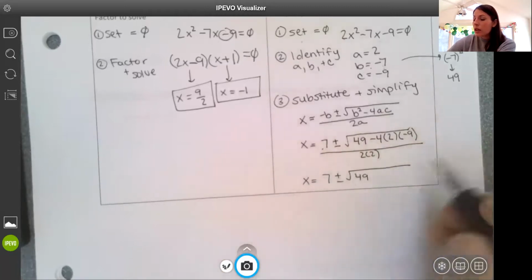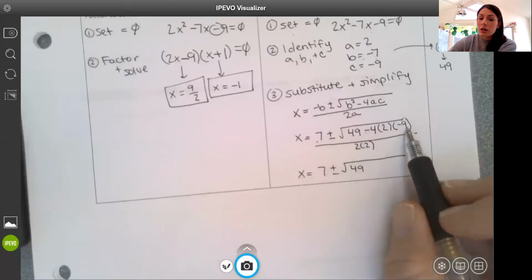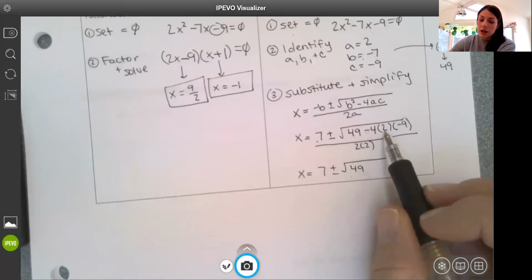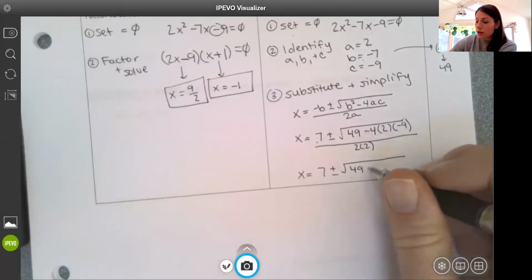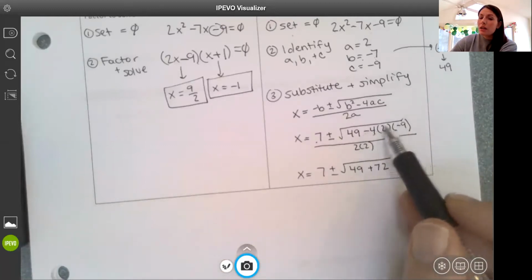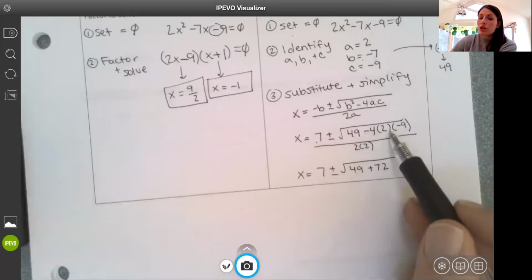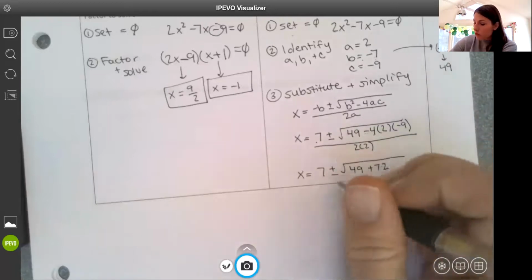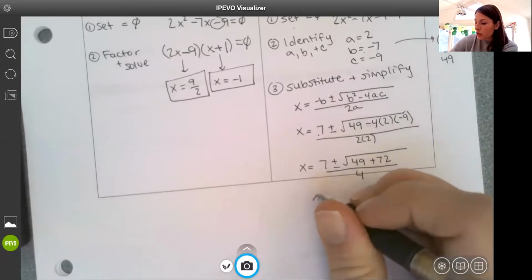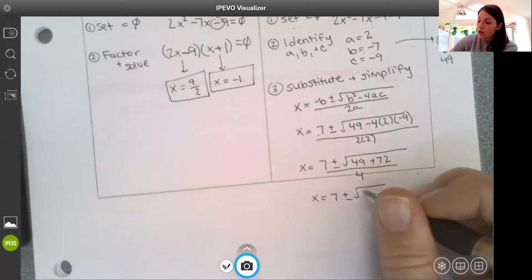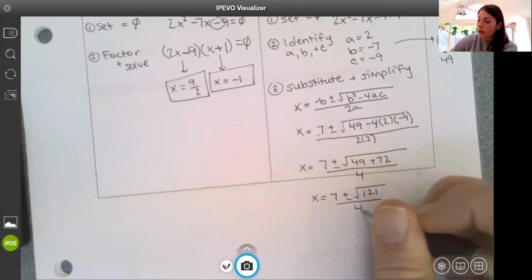So I'm going to have 49. Negative times a negative here is going to make this a positive overall. So I have negative 4 times 2 is negative 8, times negative 9 is going to give me positive 72. You have to be really careful whether you're going to add this second term or whether you're going to subtract. You have to think about how many negatives you have in that negative 4ac. Okay. All over 4. x equals 7 plus or minus the square root of, adding 49 and 72 together gives me 121, all over 4.